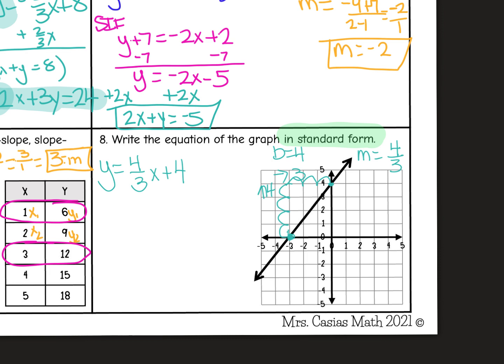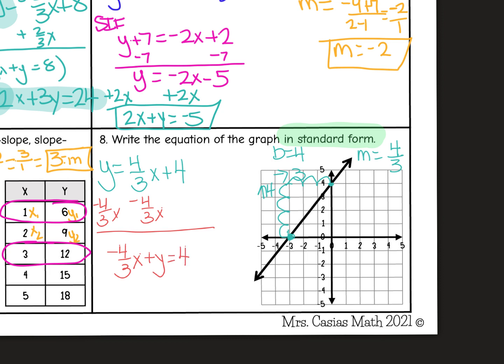So just like before, standard form, we want our x's and our y's on the same side. So I'm going to subtract 4/3 x from both sides. And when I do that, I have negative 4/3 x plus y equals positive 4.